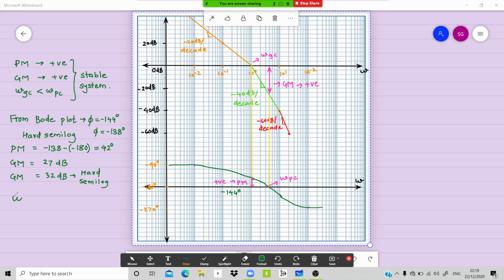Omega PC, what I got over here, is 1, 2, 3, 4. I got 4 radian per second. And from the graph paper, I got omega PC equal to 6 radian per second.